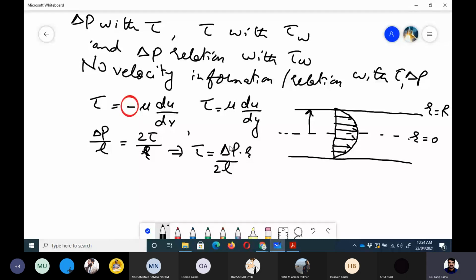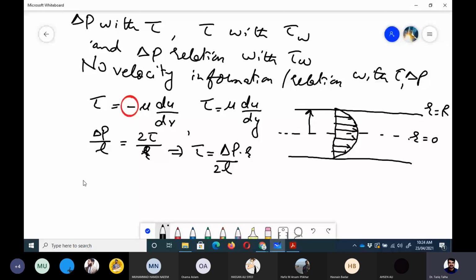Now we can put this value of tau into this relation here. So I am going to write this first here.